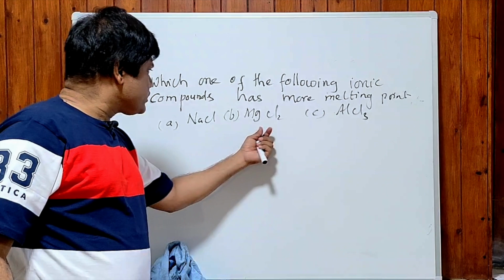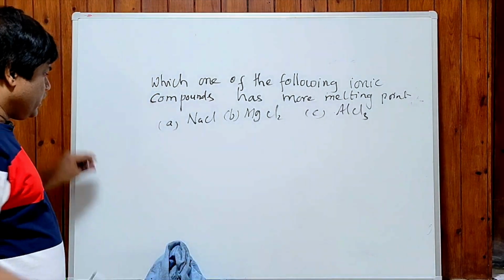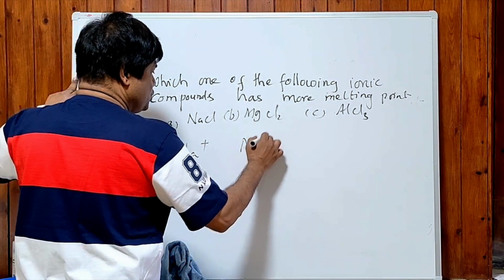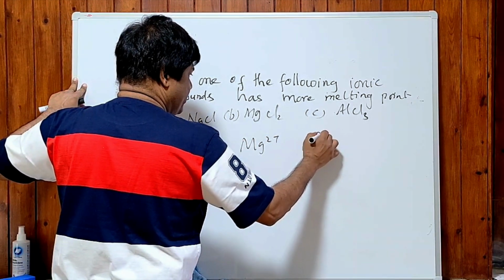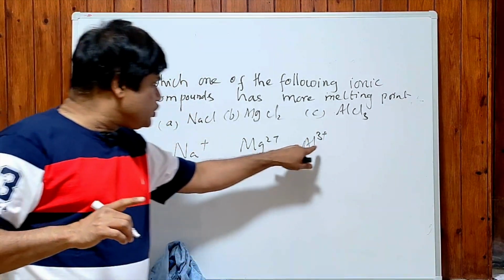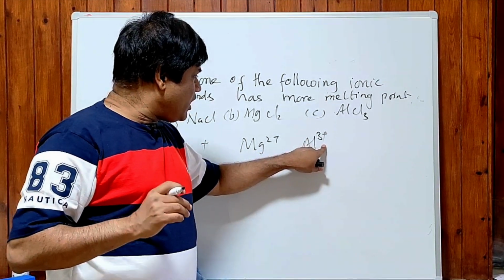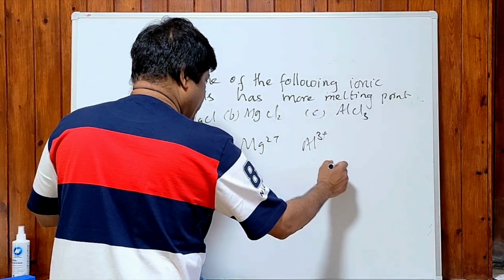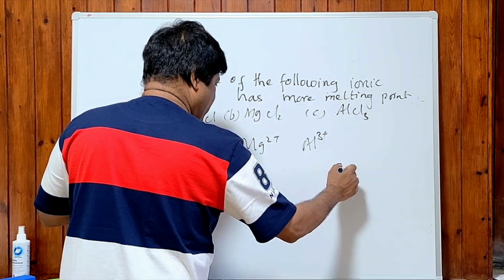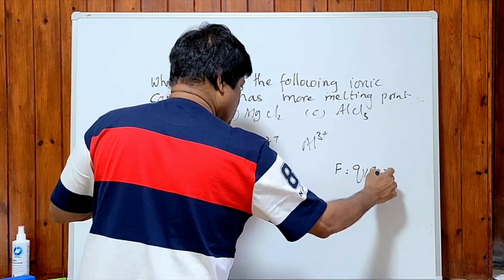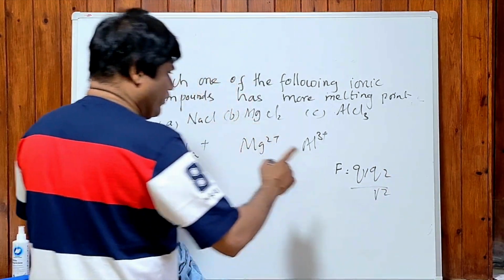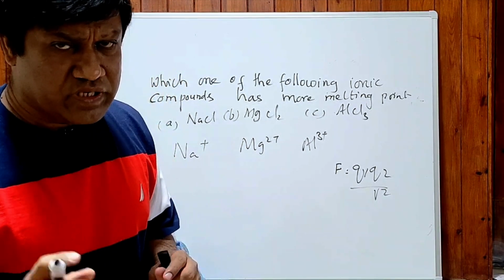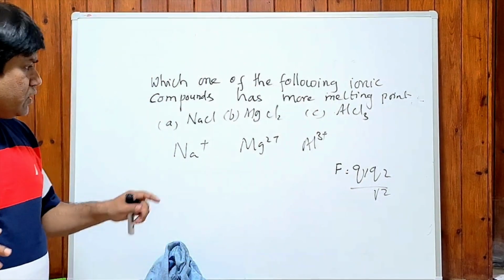Chlorine is the same, so ignore the chlorine. Now Na has Na+ charge, Mg 2+, Al 3+. The greater the magnitude of the charge, the smaller the ion. Like we have done in the equation, force of attraction is Q1Q2 by r squared. We use this for the force of attraction between oppositely charged ions.